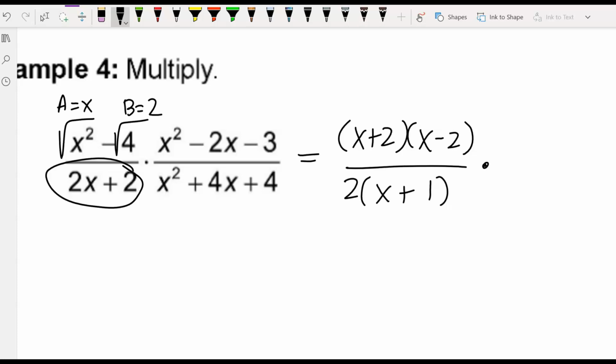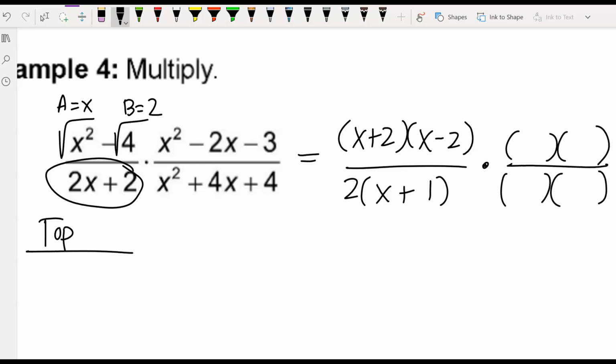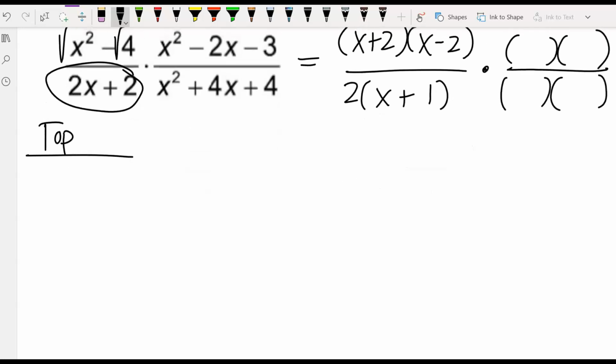All right, looking at our second one, looking for GCFs. There's none in common for all 3 on top and bottom. So then we're going to factor, so we know we're going to have 2 sets left over. So the top, -3, add and subtract to equal -2. So this one is a -3, positive 1.